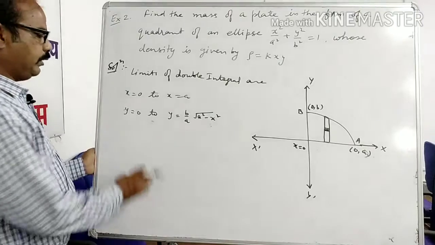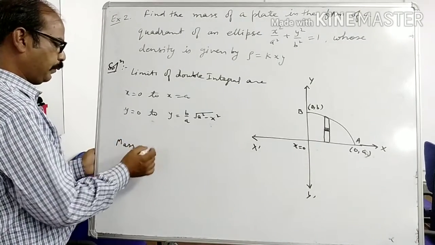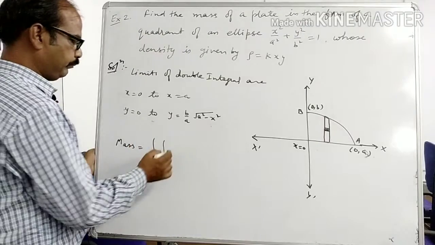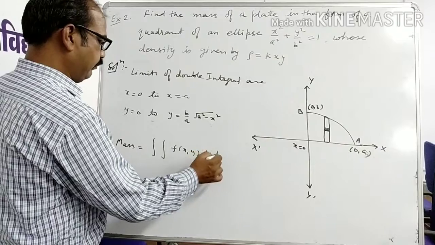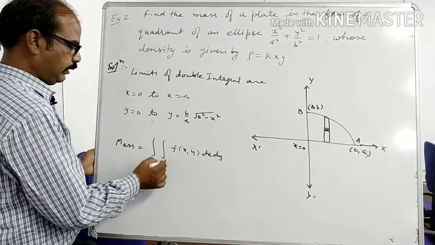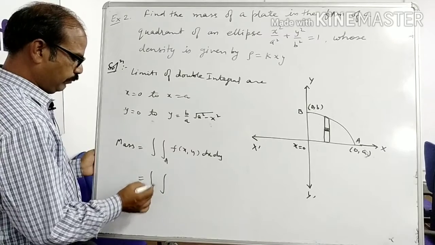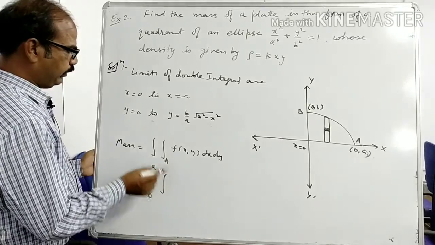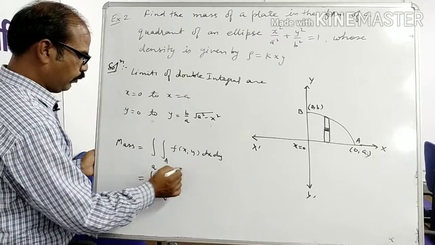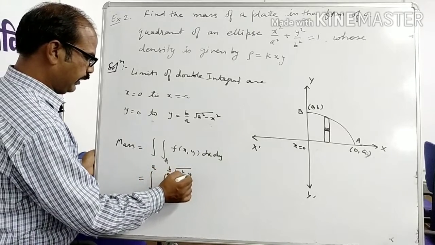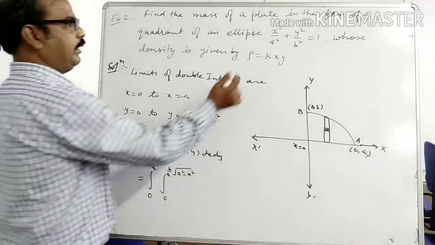Now we will use the formula. The mass equals the double integral of f of xy dx dy. The limits are, the limit of x is 0 to a and the limit of y is 0 to b by a under root a square minus x square, and f of xy is already given.